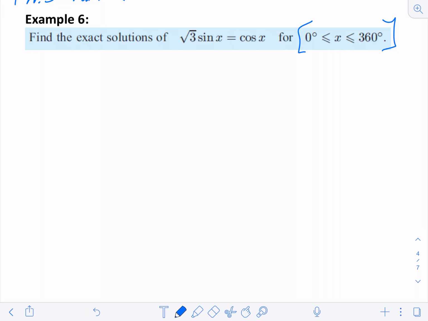Well, in this case, let's go ahead and divide both sides by cosine. It's a little tricky to get started here, but if I divide both sides by cosine, what do I get? I get radical 3 sine x over cosine x equals cosine x over cosine x, right? And cosine x over cosine x is just going to be equal to 1.